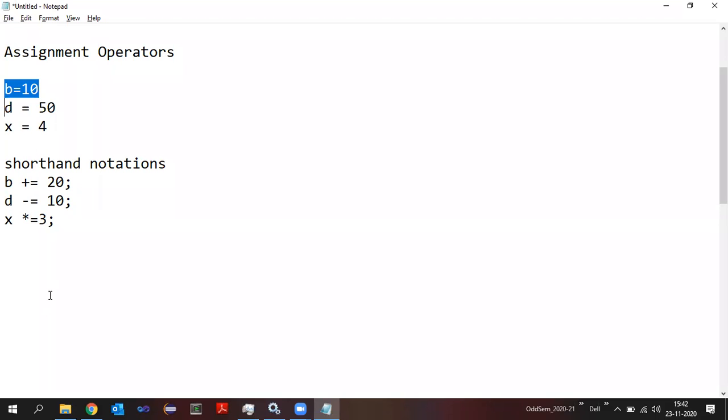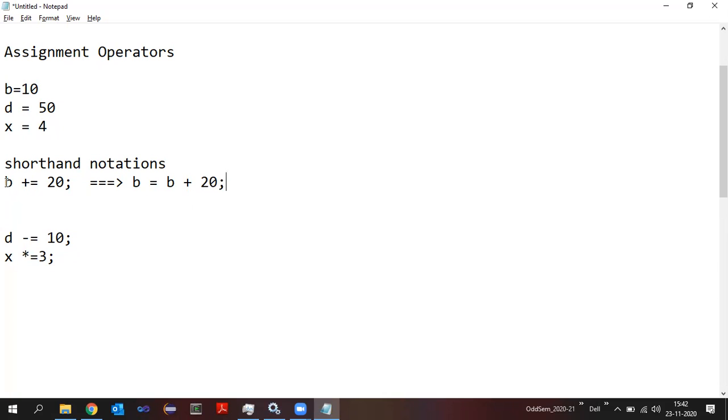These are the values we have. Then we apply the shorthand notation. In the first line, B plus equals to 20 means B is equals to B plus 20.